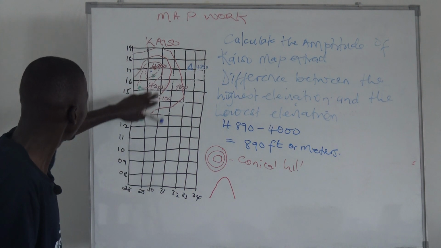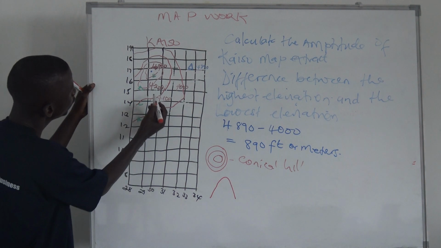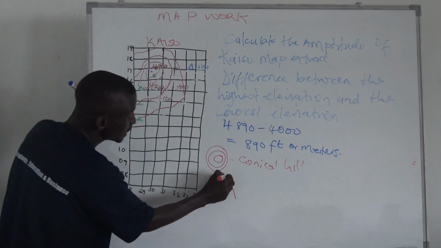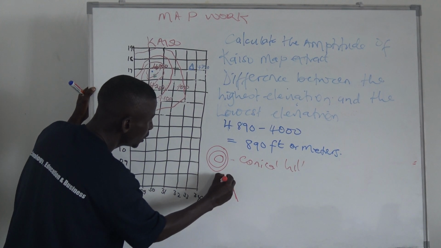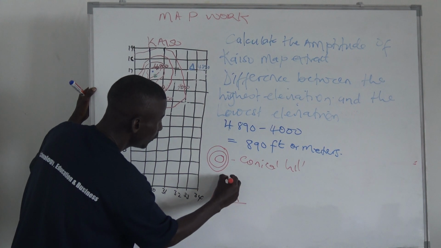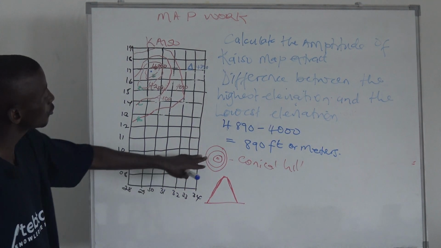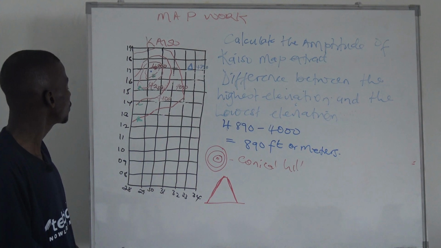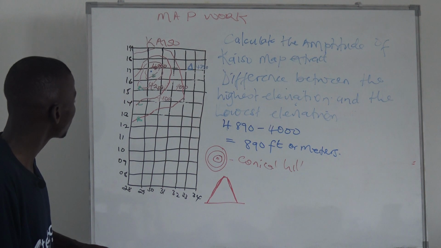When you look at these contours, you know they are presenting something. When you see them here, this is 4,200, 4,100, 4,000. It means we are slanting downwards into the valley from a higher level of the mountain to the valley bottoms. This one is called a conical hill. Others will tell other things, and I'm going to describe them later on.